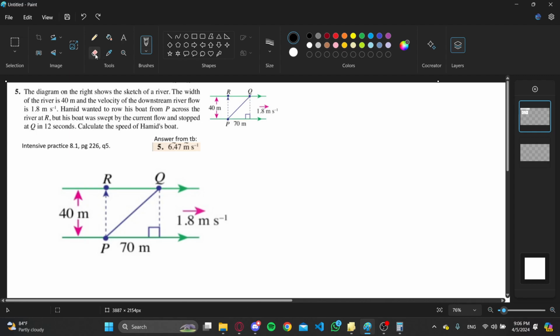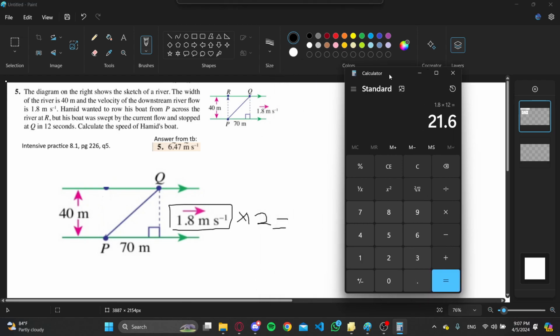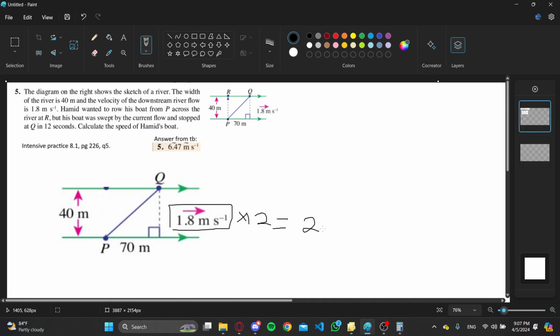Okay, so how do we solve it then? First of all, don't think of this as 90 degrees. Let's shift this over actually, so that we don't get confused by it. So since the river carries him, how much does the river carry him? The river carries him a total of 21.6 meters to the right.